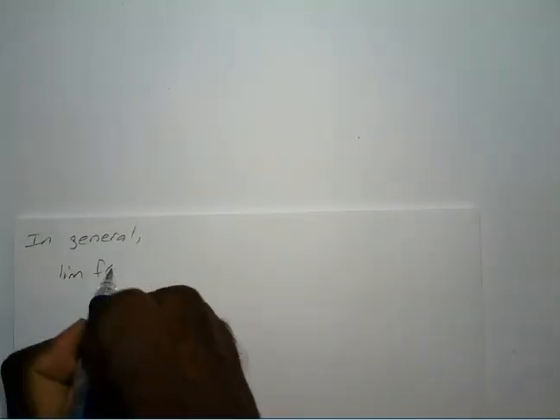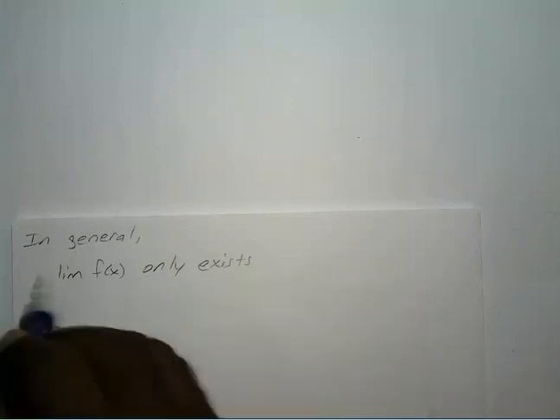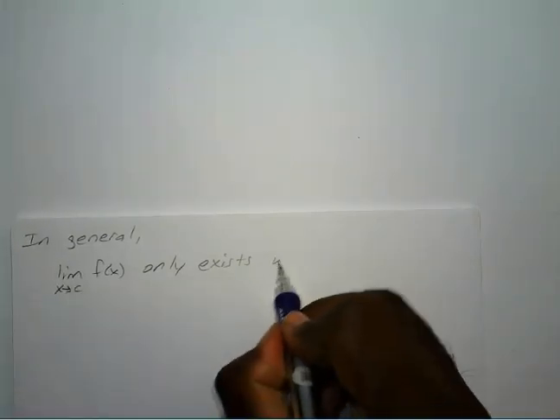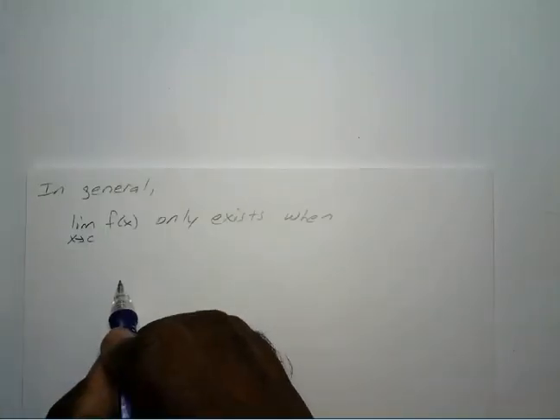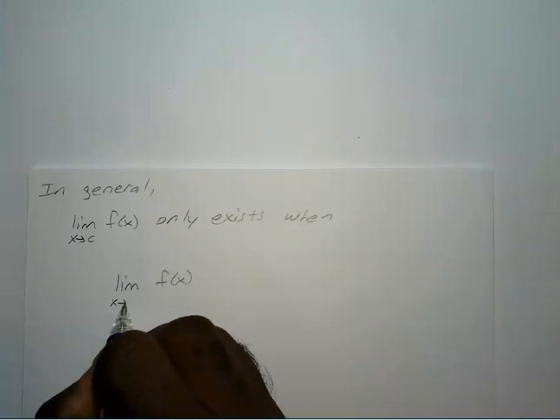Okay, so in general, the limit of f of x as x approaches c only exists when, and this is the terminology I promised you before, the limit of f of x as x approaches c with a little minus sign up there means it approaches from the left.